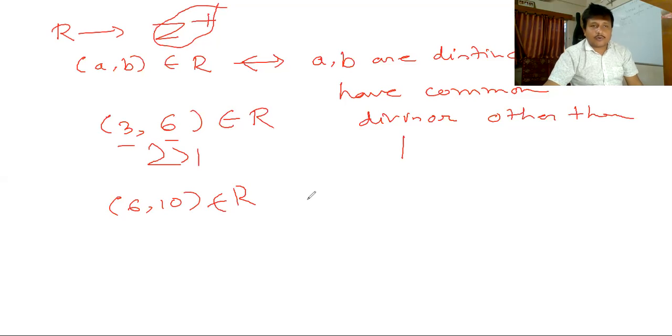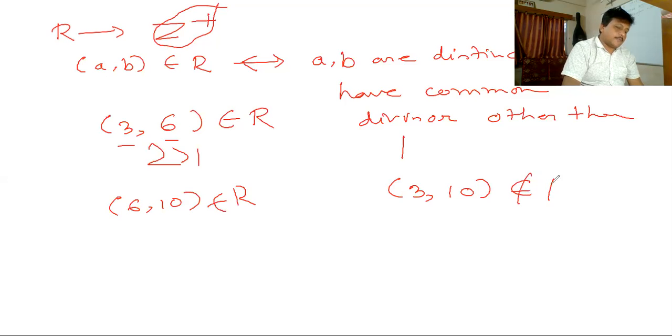However, you note that if you consider transitivity, A comma B belongs to R, B comma C belongs to R, but what about A comma C? If you take A comma C in this scenario, it is 3,10. It cannot be in R. Why? Clearly, 3 and 10 are relatively prime to one another. The common divisor of 3 and 10 is 1. It shows that 3,10 cannot be in R, so the relation cannot be transitive.